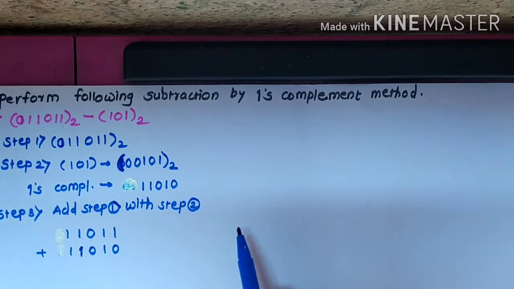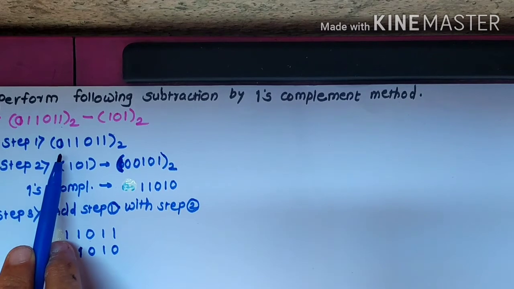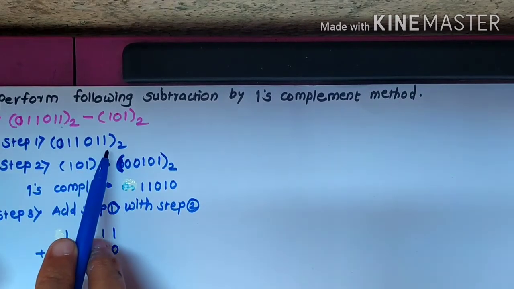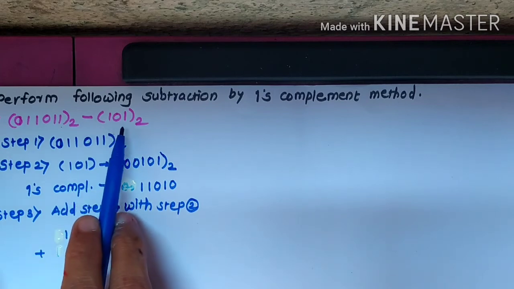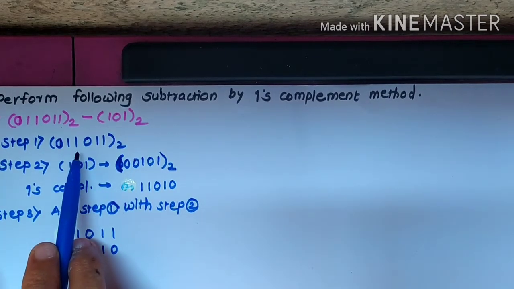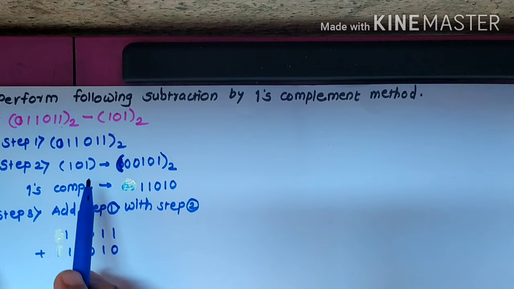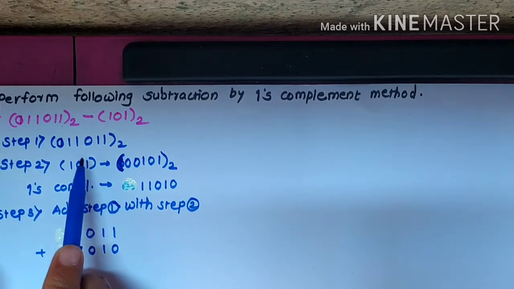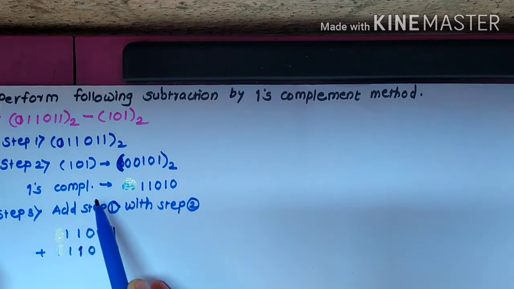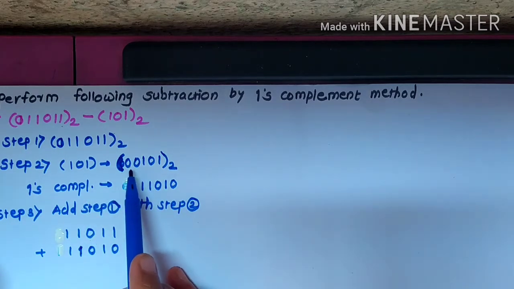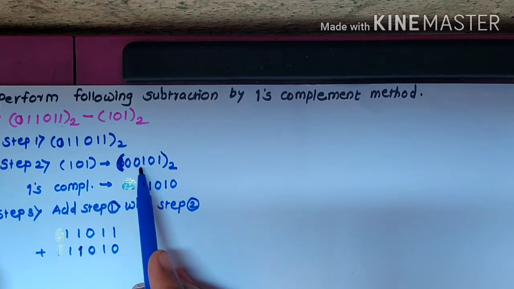Okay, student, I repeat again. This is the given example. Step A: 011011. Okay, we have to subtract this 101 from 011011. So make the same bit. By representing this, we'll get 00 at the left side.